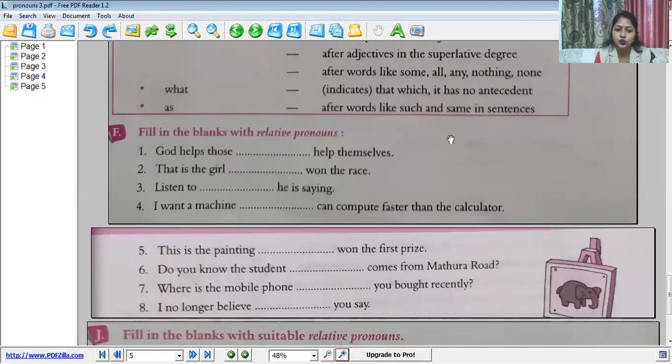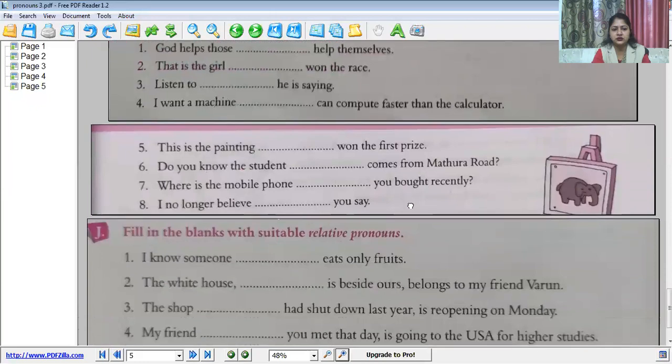And the next is, where is the mobile phone which you brought recently? I no longer believe what you say. So you have seen how we have used relative pronouns, children. Now let's see some more examples on relative pronouns.